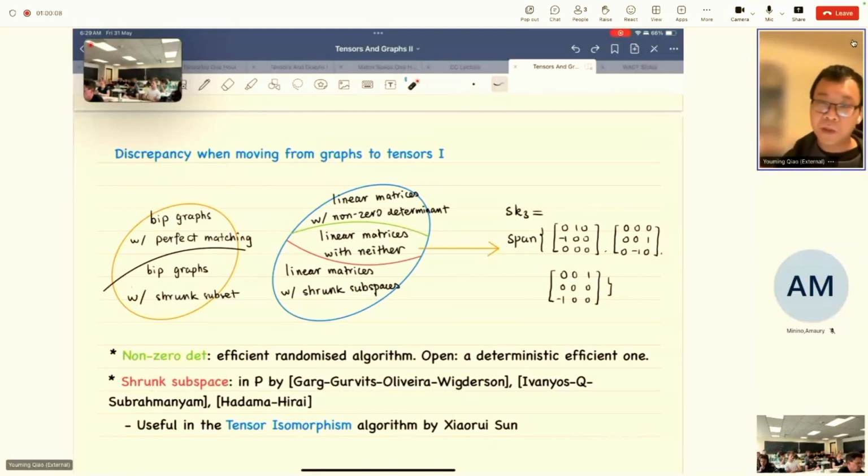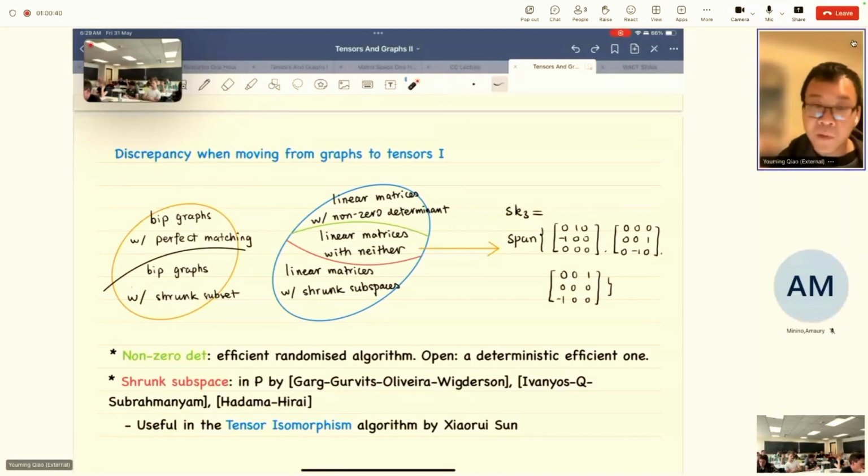Xiaorui had a big breakthrough last year on the worst case algorithm for tensor isomorphism, and it turned out that at some point his algorithm can be used for computing the strong subspaces. So this is just saying that this type of structure now seems to be emerging everywhere, and we're also seeing connections between strong subspaces and, for example, tensor isomorphism.